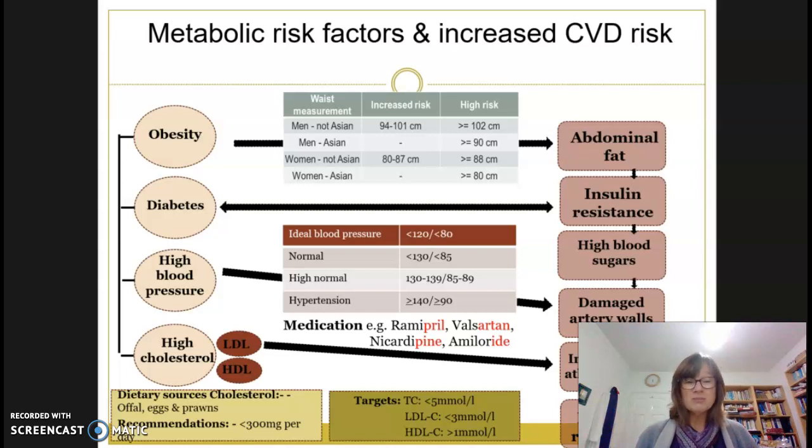We will look more closely at the dietary sources of cholesterol. They are very small and very insignificant for most people. But it is interesting that at least 1 in 10 people are sensitive to dietary cholesterol, not just saturated fat. So for some people, the dietary cholesterol sources are something that we might need to look at.